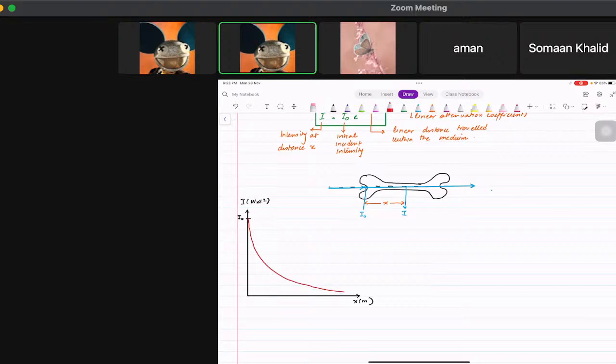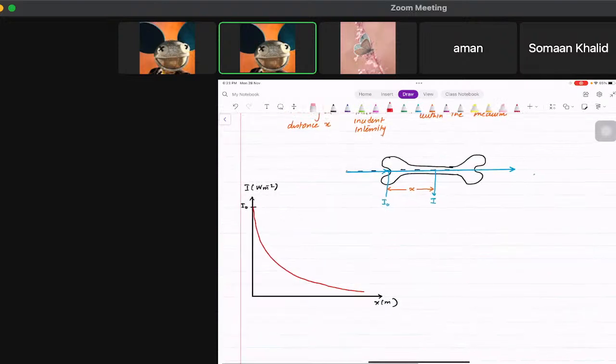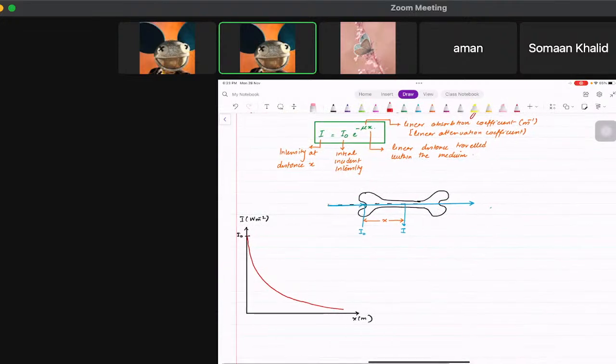Exactly at the center, when the intensity is going to be halved, it has moved to a value which is x half. Now x half does not mean that the distance is being halved, it's a subscript.